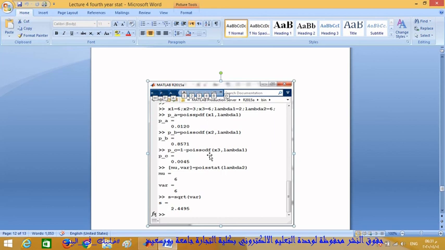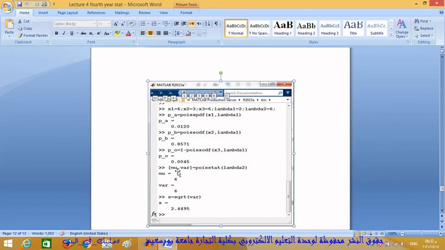So probability of C equals 1 minus the complement probability, 1 minus poisscdf of 6. 1 minus poisscdf means from 7 to infinity, or at least 7. At least 7 equals 1 minus at most 6. So this equals 0.0045.